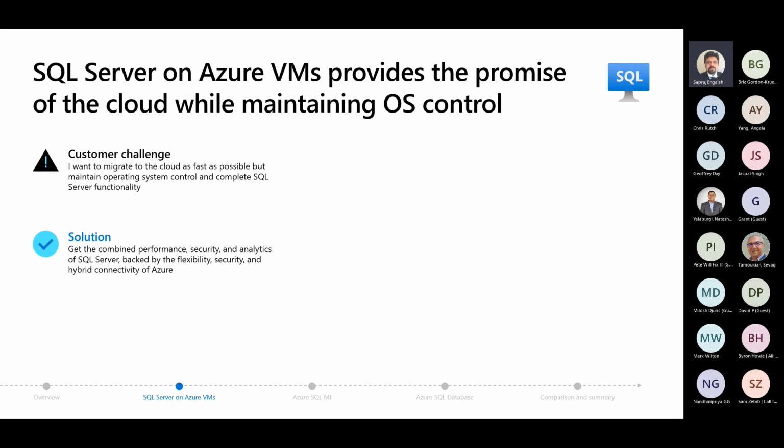And then, of course, some of the other requirements can be about an unlimited number of databases, because with PaaS, especially with the full Azure SQL model, you get one database per service or per instance that you provision. So if you want an unlimited number of databases and you want OS level application control, then SQL Server on Azure VMs becomes your automatic choice.